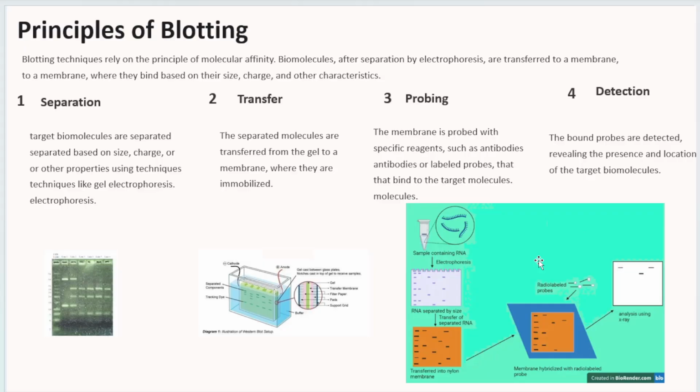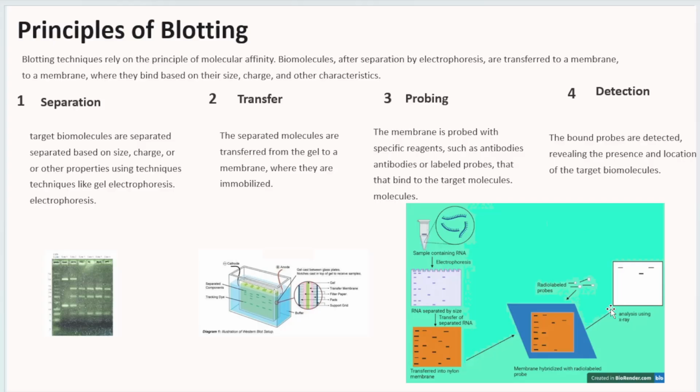We want our probe, which has the radio label, to anneal with our DNA of interest. So when we add our radio labeled probes, they will anneal with the DNA of our interest, and then we analyze this annealed DNA under X-ray. Whichever DNA has been annealed gives the color. It gives the luminescence. So this is how we detect the DNA of our interest. The same way it goes for the proteins or the RNA.